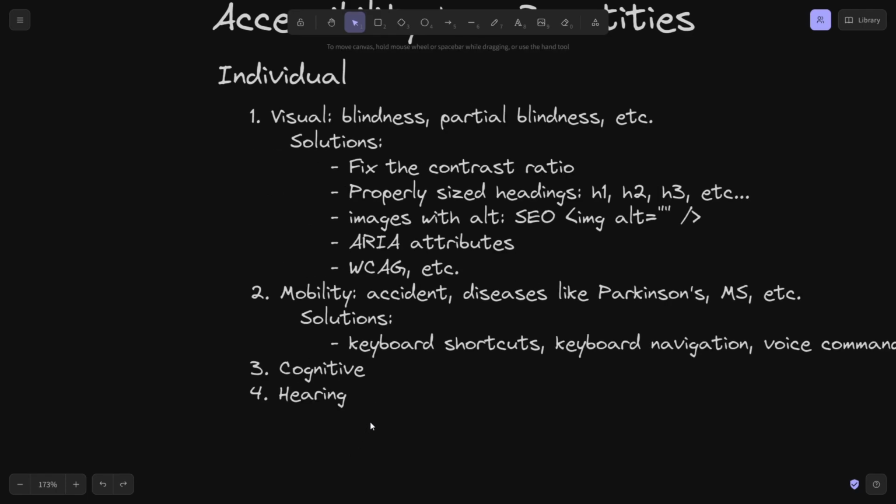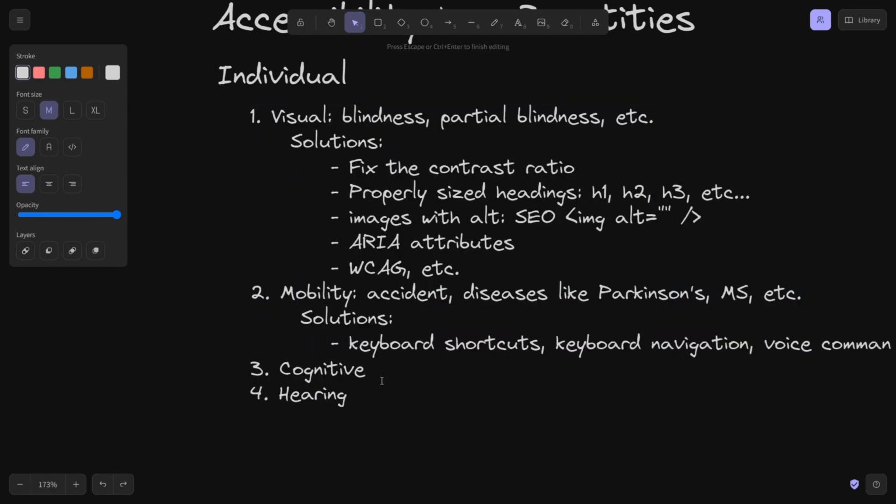Then let's come to the one called cognitive. In cognitive, you have problems like ADHD, autism spectrum disorder, dyslexia. If you have watched the movie Taare Zameen Par, I think the kid in that movie had this problem of dyslexia, where a complicated word started jumbling in his head, right?